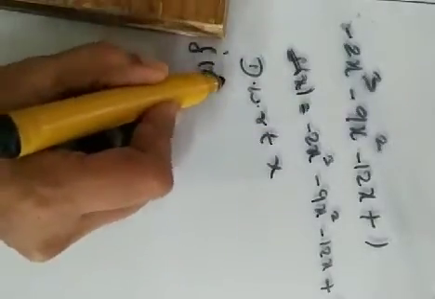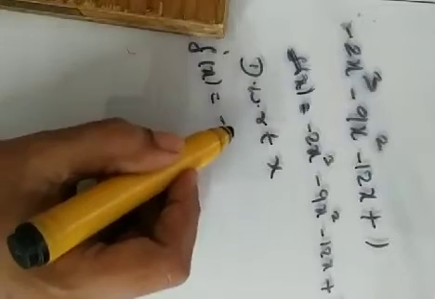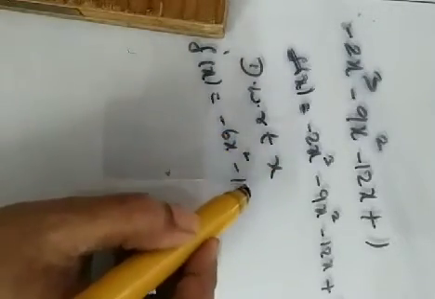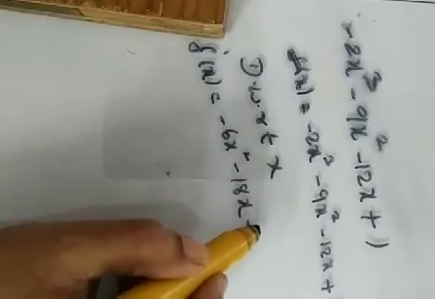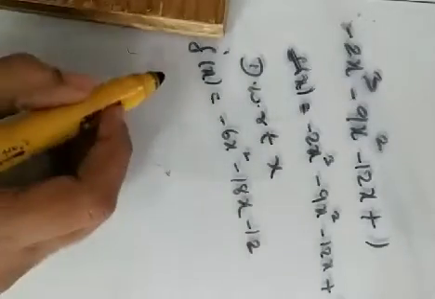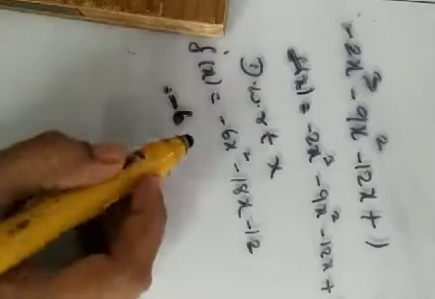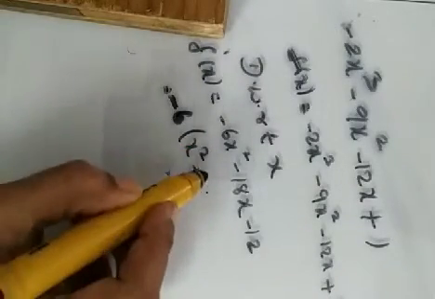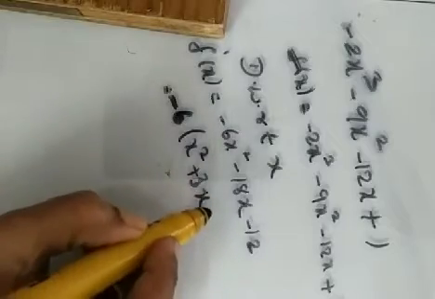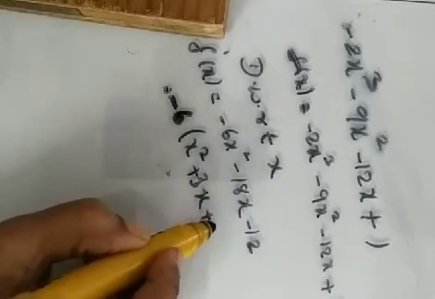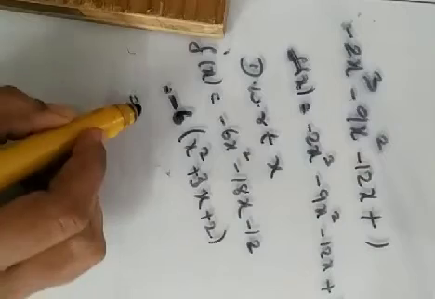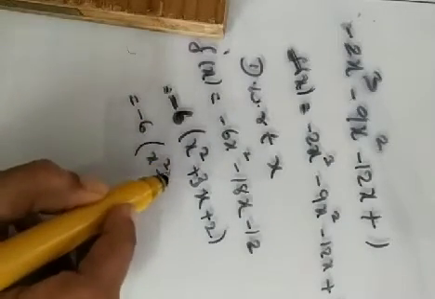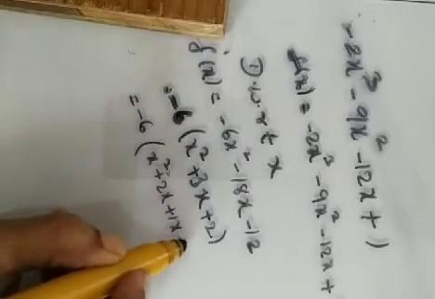F dash of x is equal to what? Minus 3 2s are 6x square minus 9 2s are 18x minus 12. Take out the minus 6 as common. So the left term is x square plus 3x plus 2, which is equal to minus 6 into x square plus 2x plus 1x plus 2.